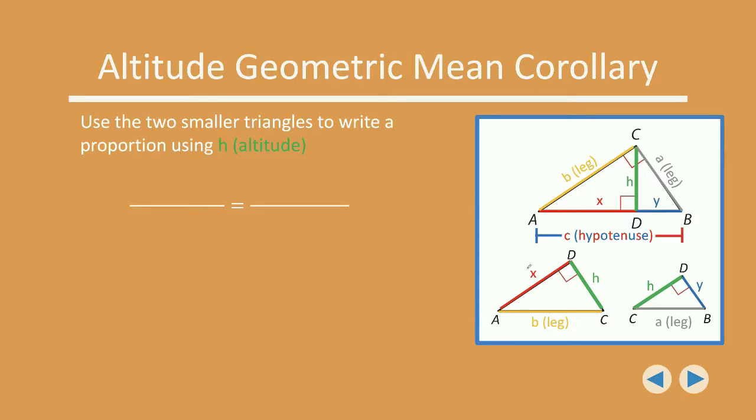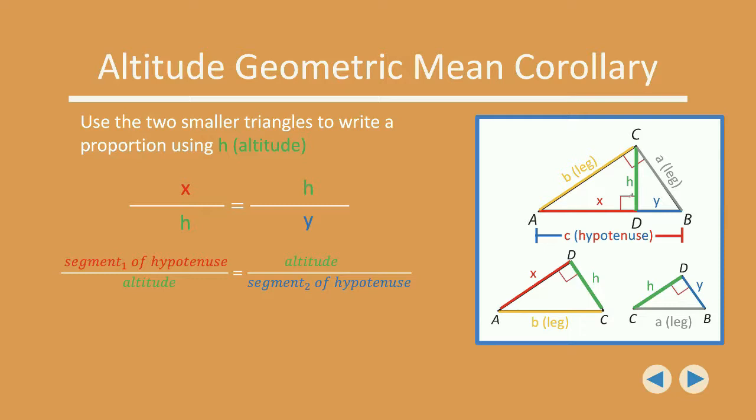I'm going to do X over H. So what corresponds to X? This H corresponds to X, so X over H. And then we're going to do equals, and we're going to use this side along with Y, so equals H over Y. So we're going to put this proportion in word form. Notice X and Y were the segments of the hypotenuse after we drew in the altitude.